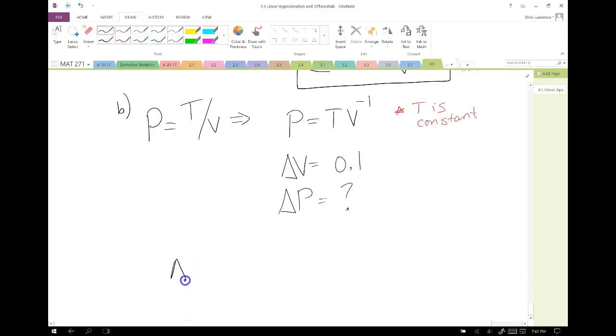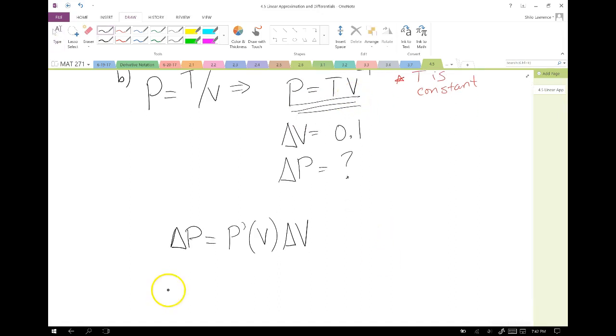So delta P equals P prime of V, because now V is the input variable on the right, times delta V. So I need the derivative of this equation with respect to V. We're going to do the power rule on our V.